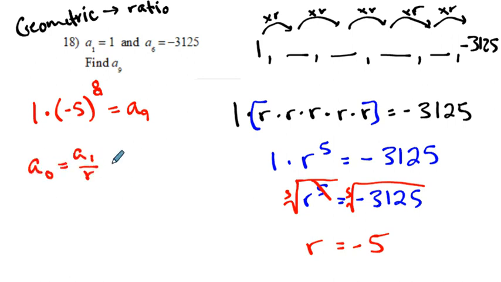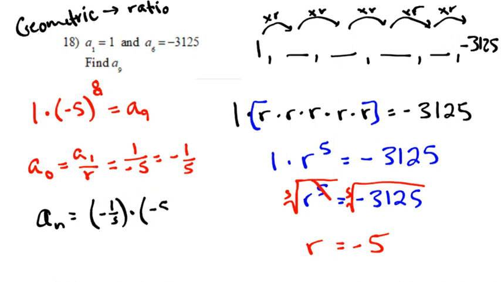Just term 1 divided by the ratio, 1 divided by negative 5, negative 1/5. And then you could write an explicit formula like we've been doing. Any term is equal to a sub 0, negative 1/5, times negative 5 to the nth power, and you can plug in 9.